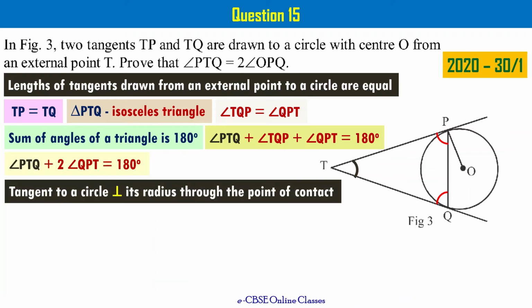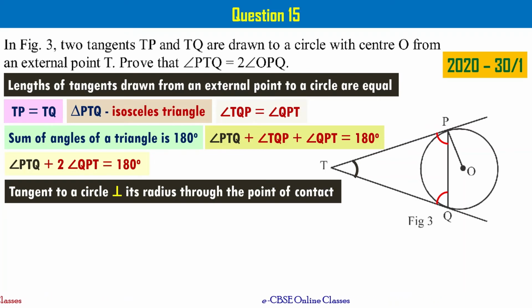And now we know another theorem that states that a tangent to a circle is perpendicular to its radius through the point of contact, right? When you see this figure, P is the point where the tangent PT is touching the circle, and line OP is the radius of the circle through the point P, right?